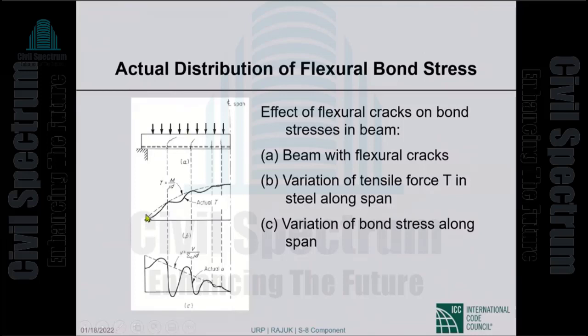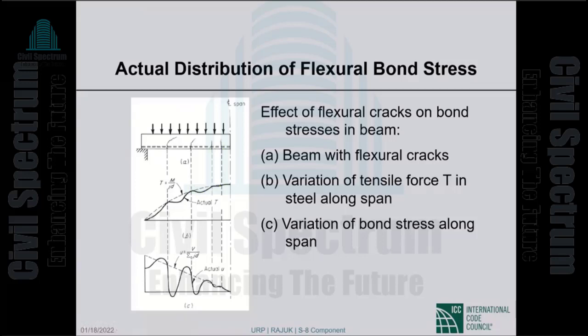The bending moment diagram is here. If you divide the bending moment by the lever arm, you have tension in the reinforcement. So theoretically, the tension in the reinforcement follows the dotted line. But because of the cracks opening up, the actual tension in the reinforcement varies as shown by the solid line.